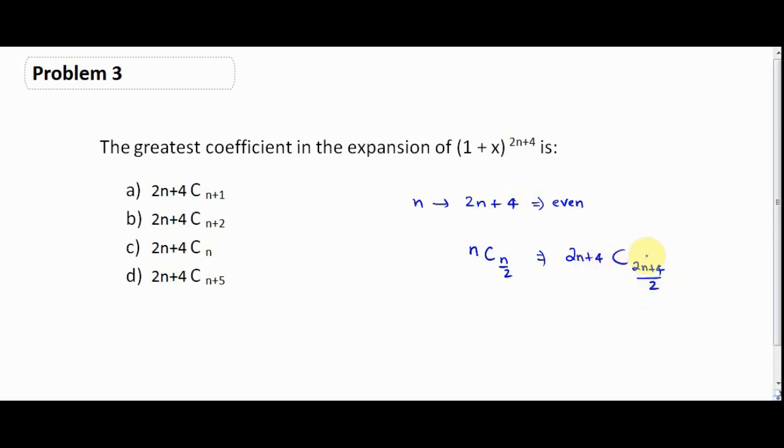Once you simplify this, what we get is 2n plus 4 C n plus 2. So this will be the greatest coefficient in the expansion (1 plus x) whole raised to 2n plus 4. So here the right answer is given by option B, 2n plus 4 C n plus 2.